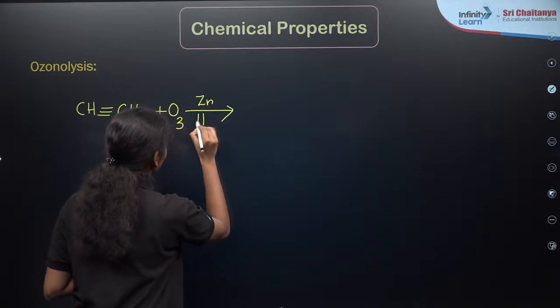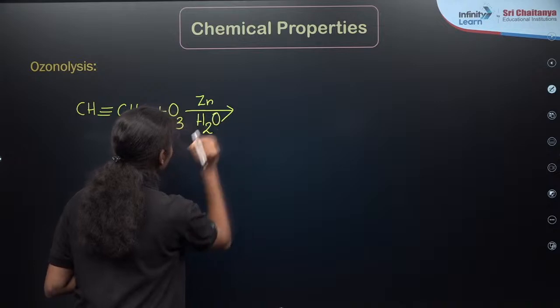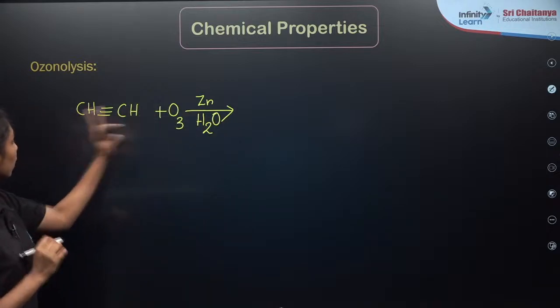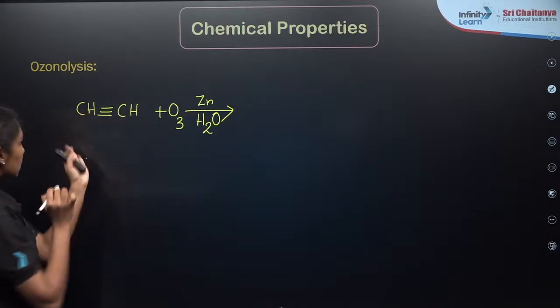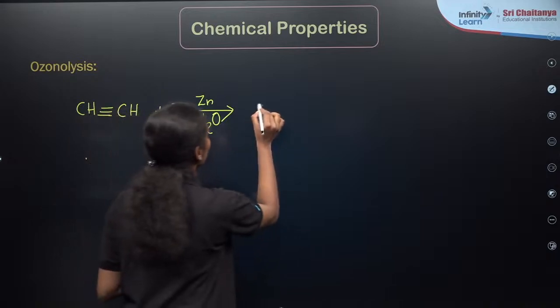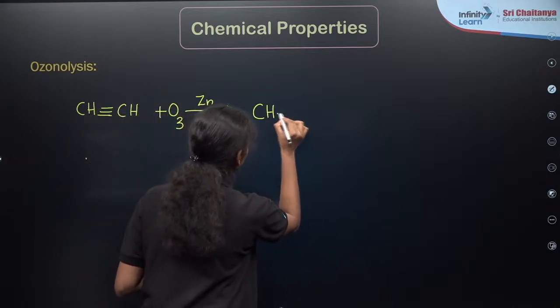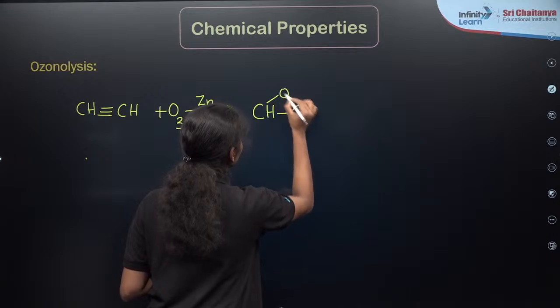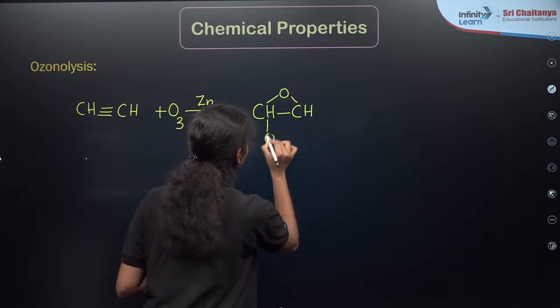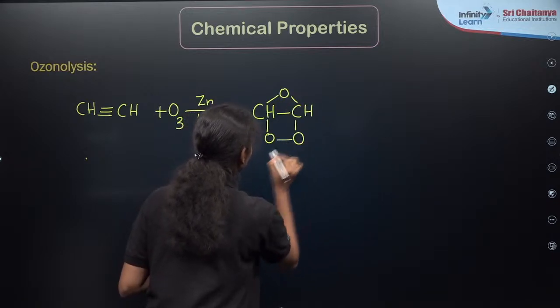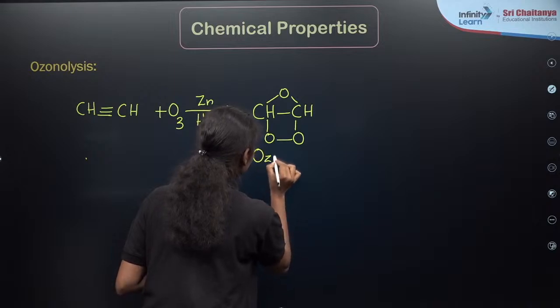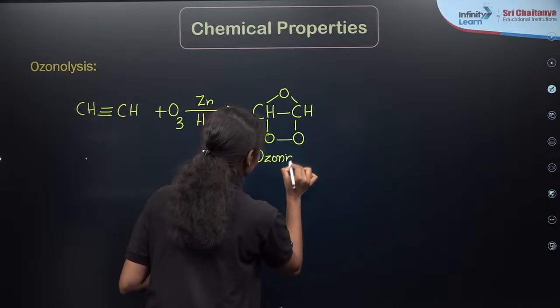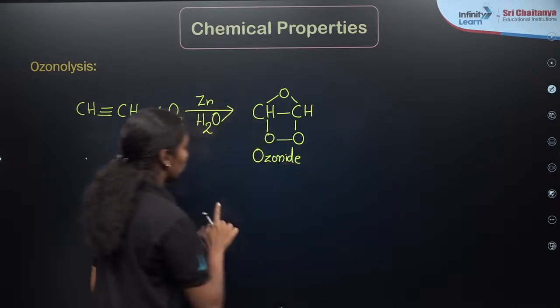This is our ozonolysis condition. If I am adding ozone molecule to CH triple bond CH, it will form an ozonide, right? Okay, this is our ozonide molecule.